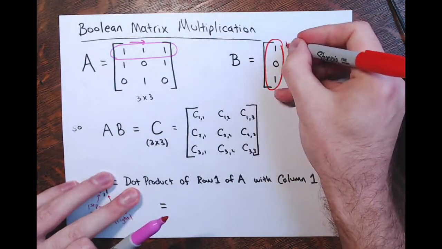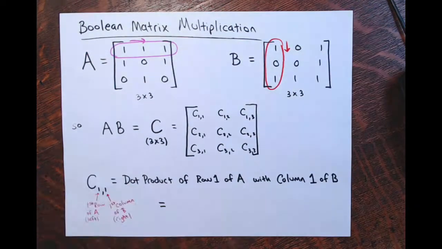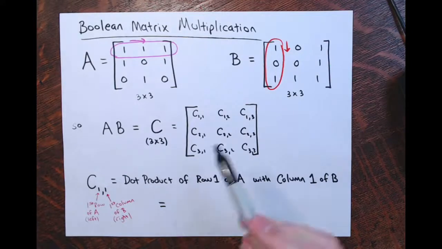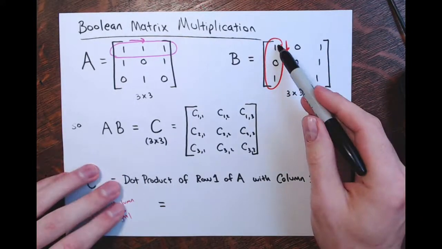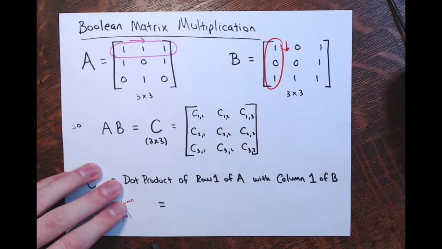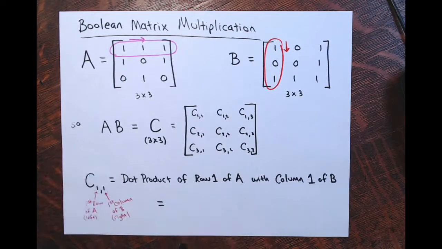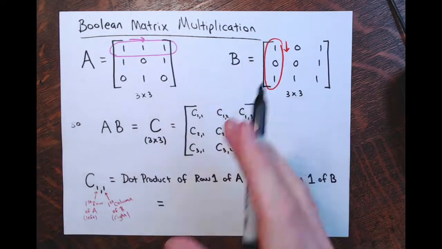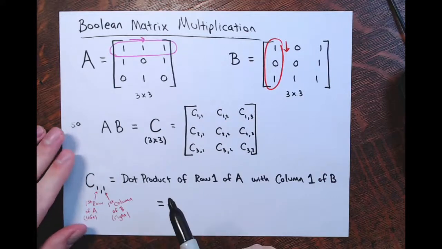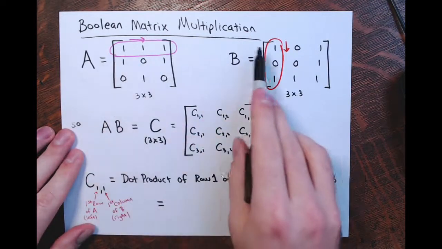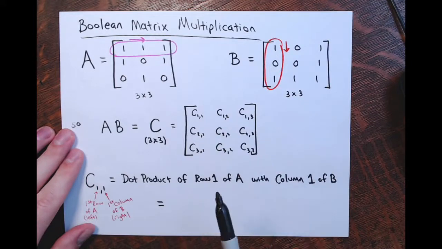You go top to bottom when you talk about the entries of a column. So the entries in order are 1, 0, 1. This dot product of a row from A with a column from B is you take the product of each corresponding entry and then add them up.